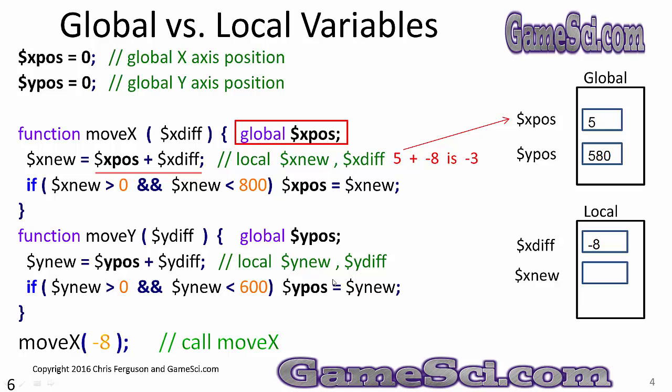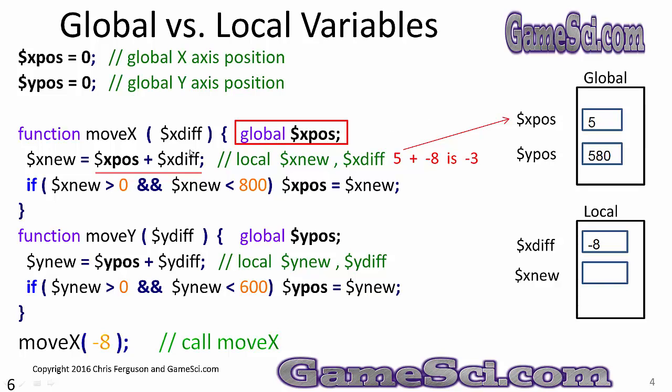In PHP, which is different than other languages, you have to explicitly tell the function, I would like to access the global variable. In this particular case, it is saying I would like to access the global xposition variable. When I do this line of code, $xposition, it will go get the global value of xposition, which is 5.